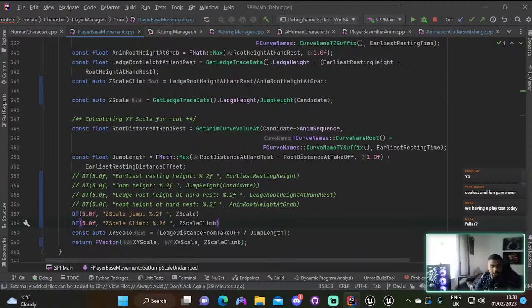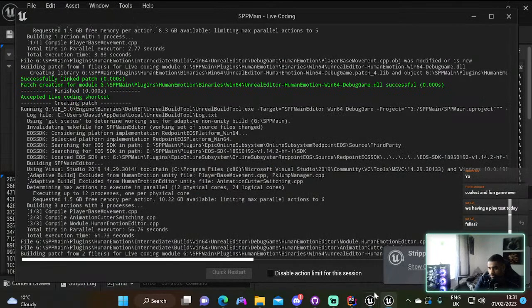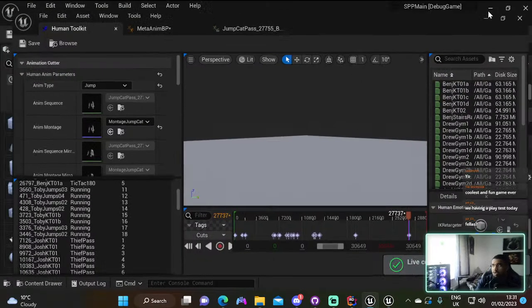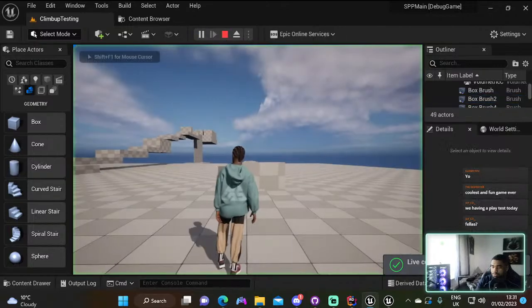Well, I think even interrupted root modifiers, a hand plant, if it's within the ranges that I do for the climb, or even less so, like 1.5 to 0.8 or something, I don't think we'll notice it. That's what I hope, but obviously it may not be the case.